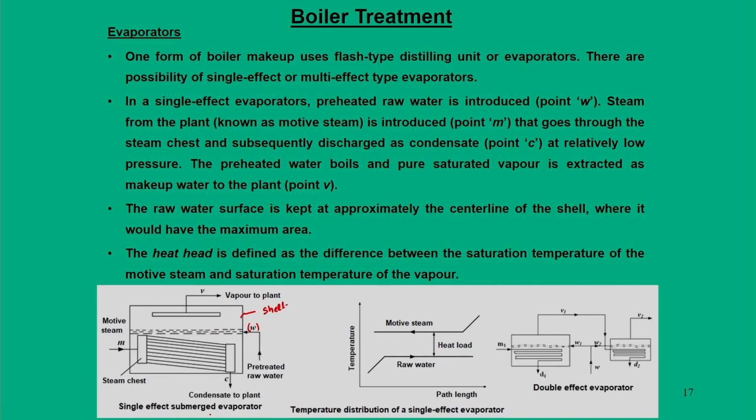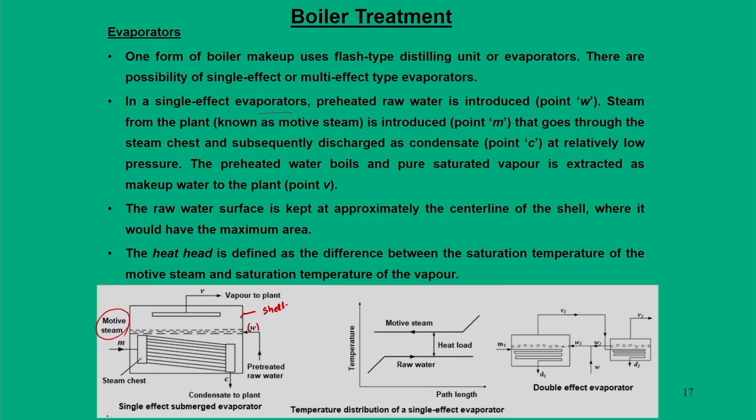Inside this we put the evaporator, and the entry line for the evaporator is the motive steam. Motive steam is the steam trapped from various stages of the turbine.